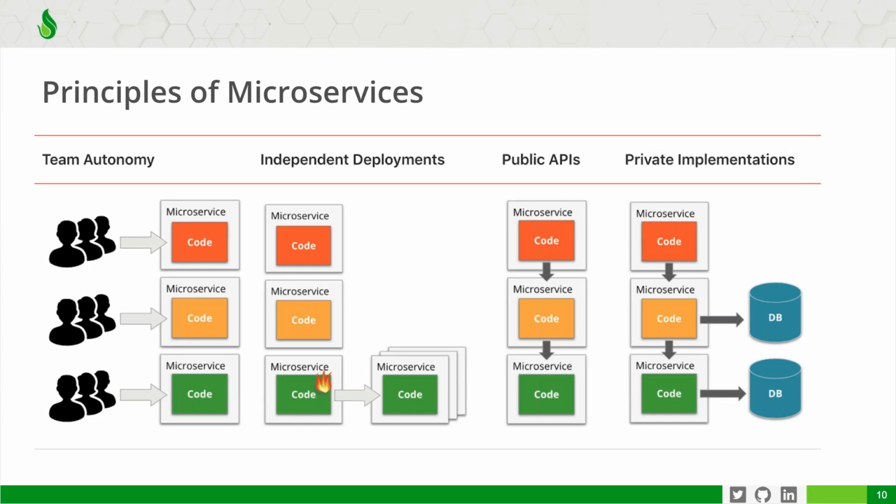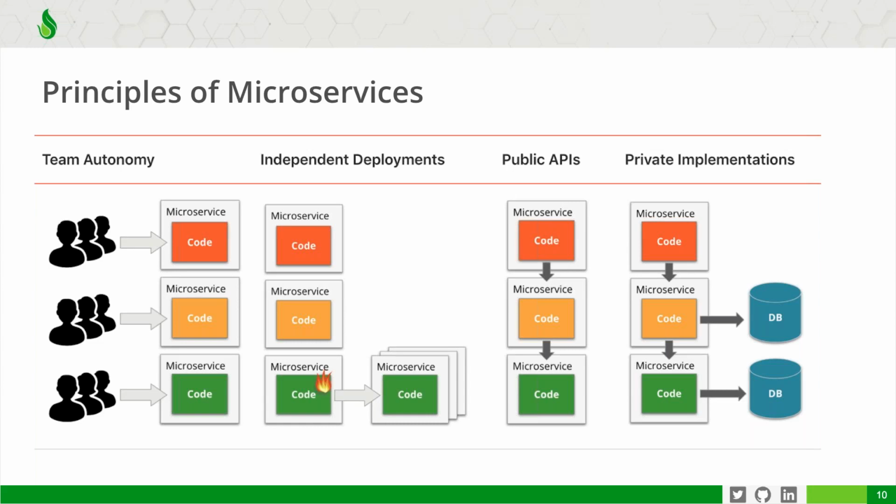This leads to the final principle: all the implementation details of the microservice ought to be kept private. If you're exposing a RESTful API and behind the scenes you're using a database, that database should only be consumed by the microservice that owns it.